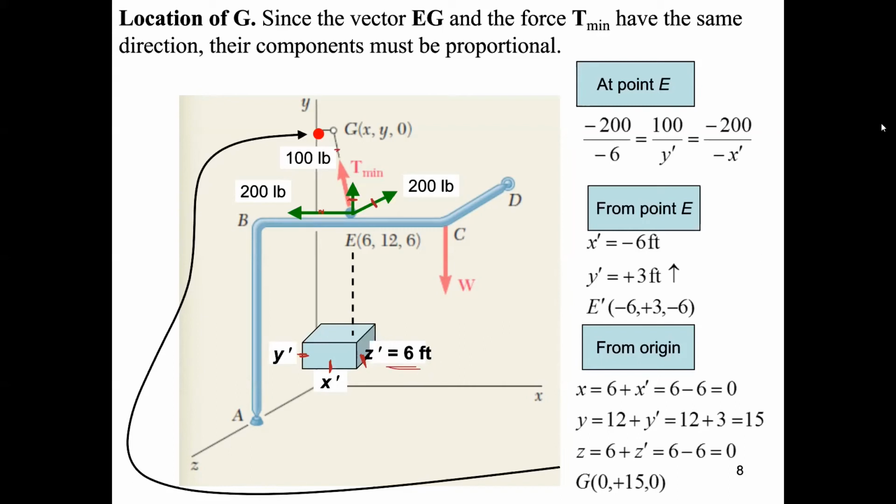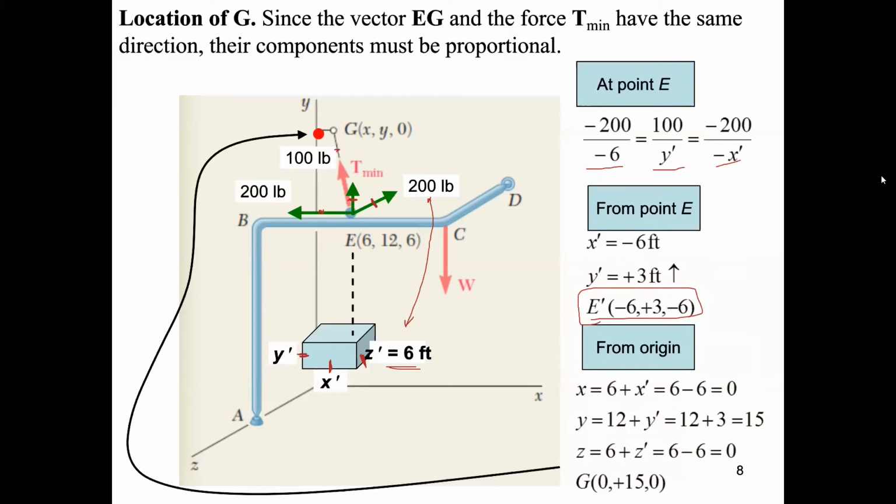The proportionality between forces and distances can be expressed as negative 200 over negative 6 equals 100 over y prime equals negative 200 over negative x prime. Therefore, the coordinate of point E prime will be negative 6, 3, negative 6.